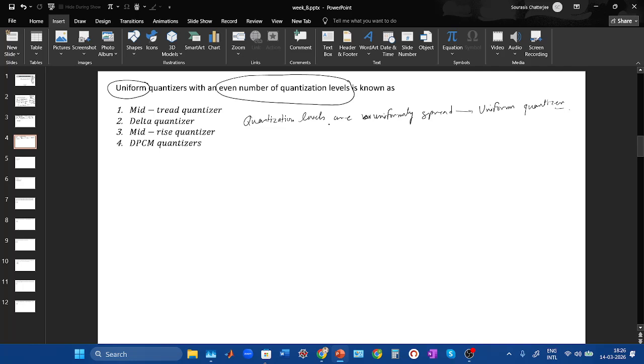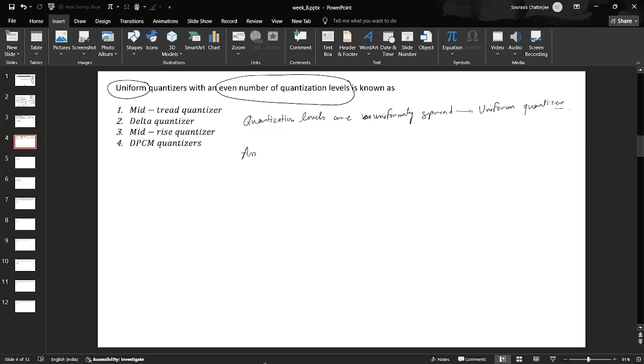Now we talk about the even number of quantization levels. We take a non-trivial example of that. We assume a uniform quantizer with 4 quantization levels.